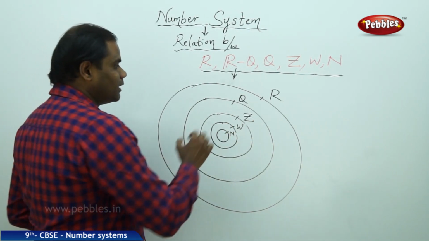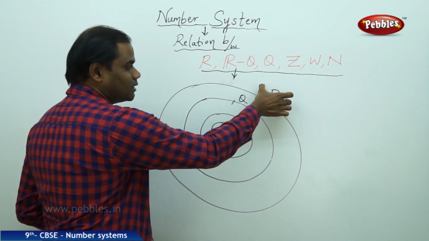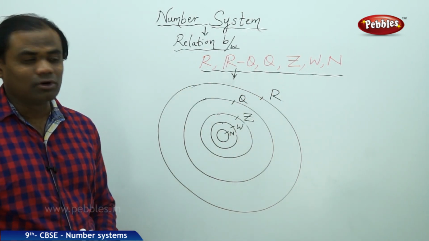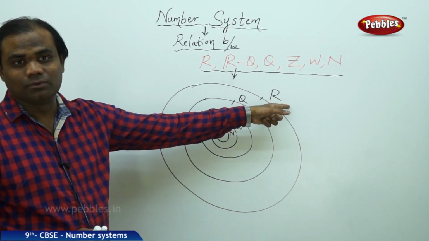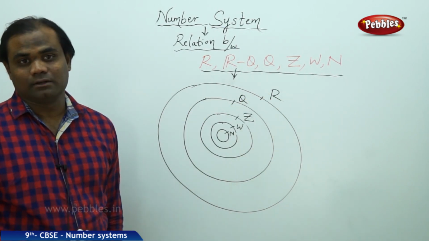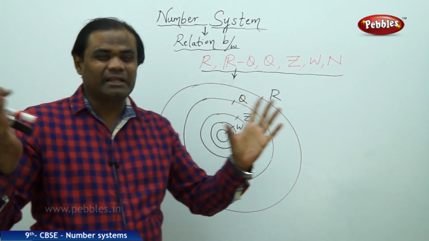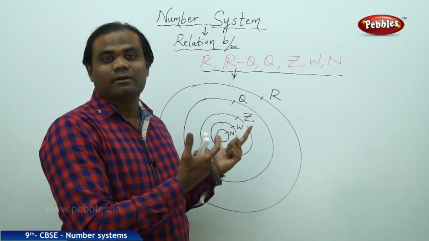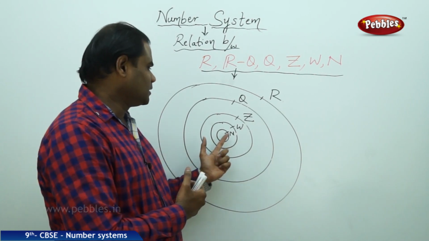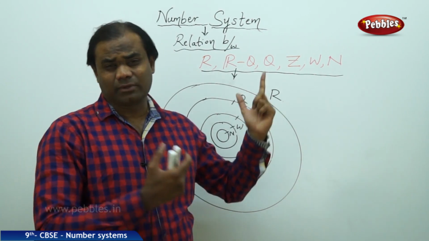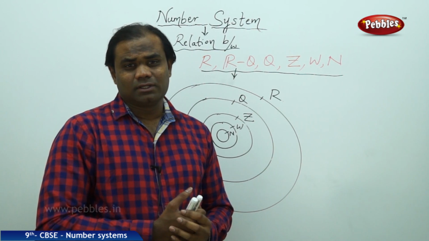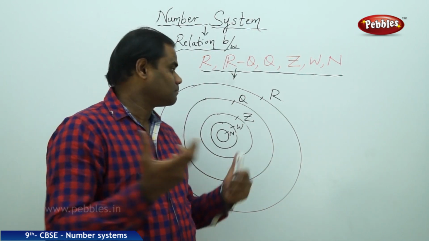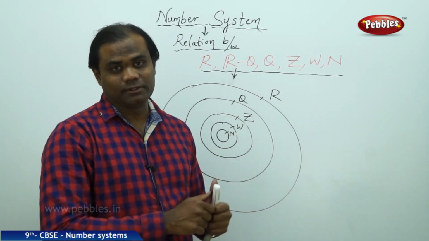Similarly, every rational number is a real number, but every real number is not a rational number, because R is outside Q and Q is inside R. This is how we can easily analyze the properties using the simple diagrammatic representation N, W, Z, Q and R, which makes us understand whether the number is a subset of each of the others.